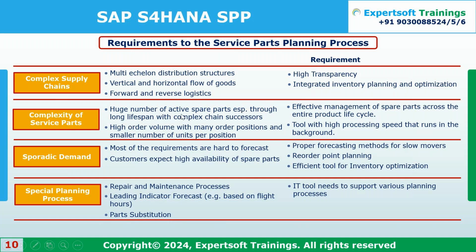It also handles a huge number of active parts. We can solve this problem with this, if we have millions of products, and it also helps minimize the complexity of forecasting those materials.